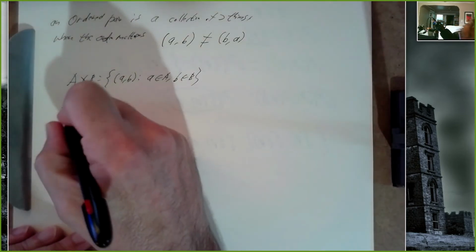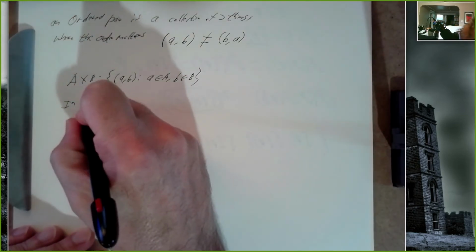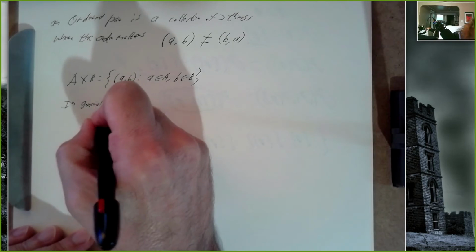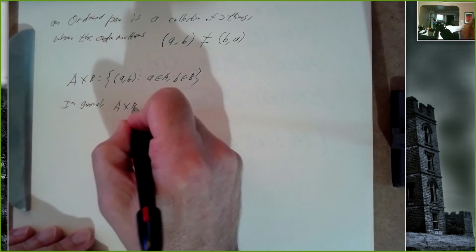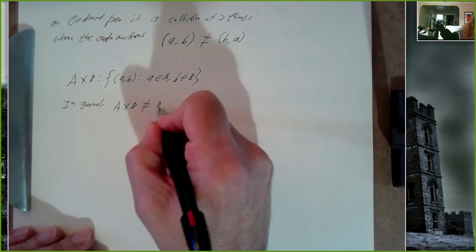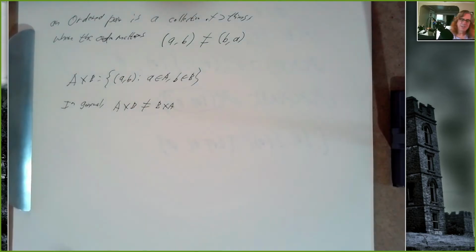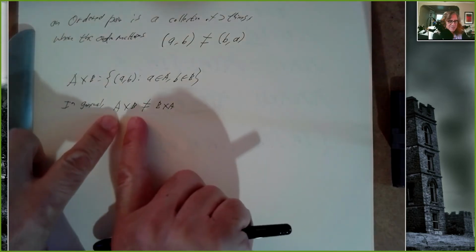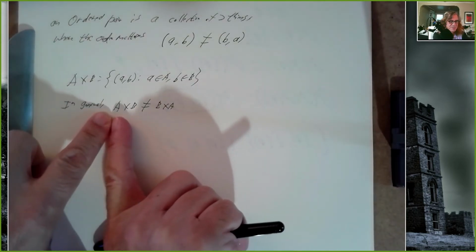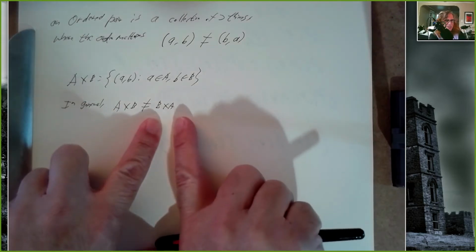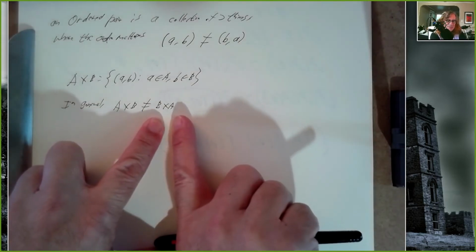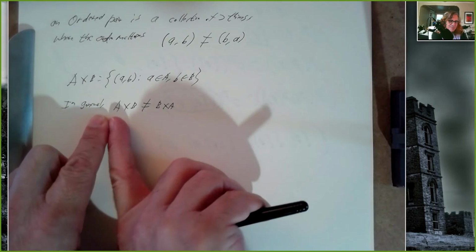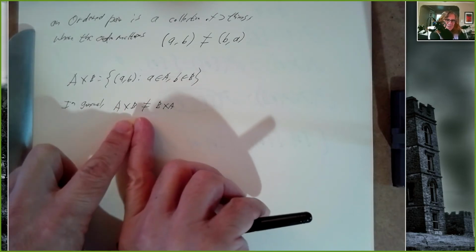And so we have an interesting consequence, which is that in general, A cross B is not the same as B cross A. How could it be? Because this is a collection of ordered pairs where the first element comes from A, and this will be a collection of ordered pairs where the first element comes from B. Well, A might be a set of numbers and B might be a set of farm animals.